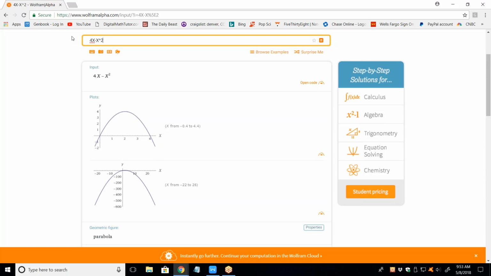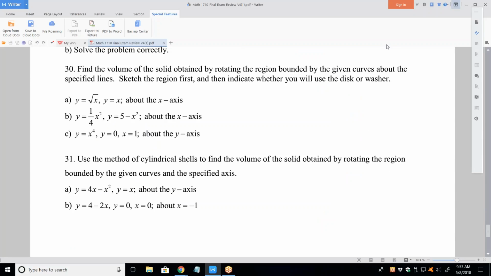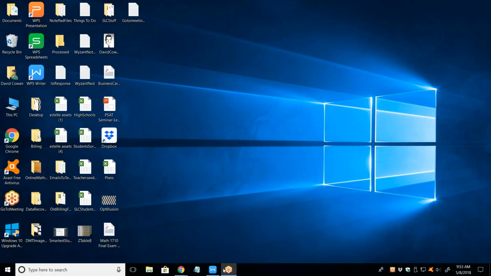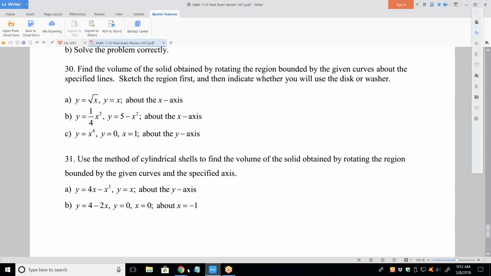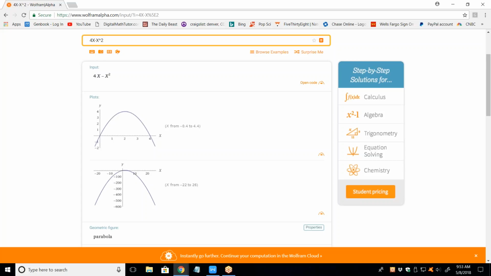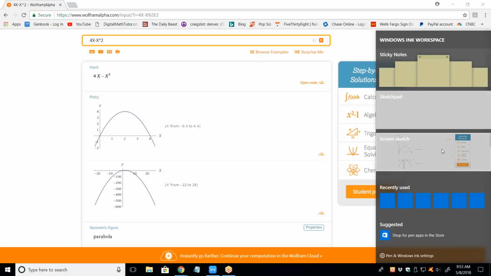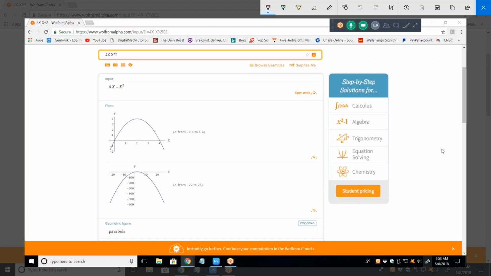So there's the curve. We are going to rotate that about the y-axis, I believe. And the other line is y equals x.